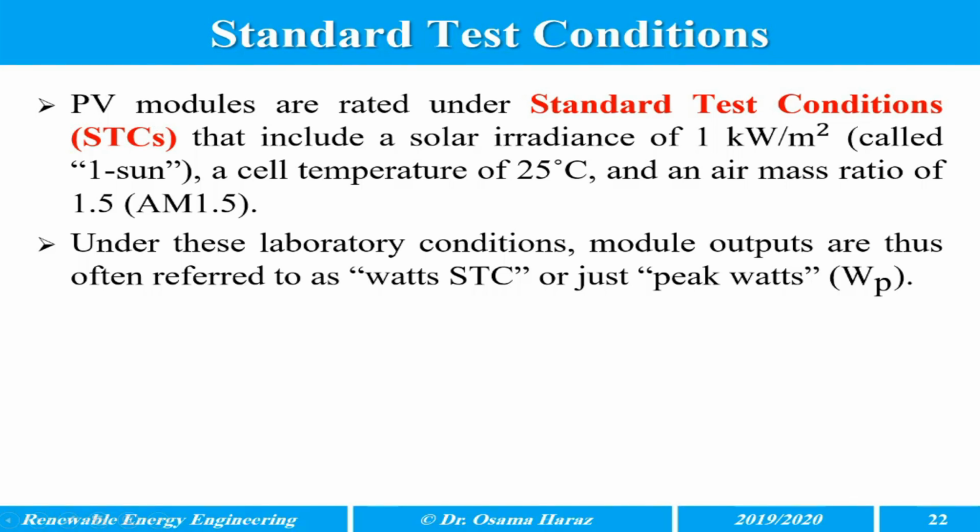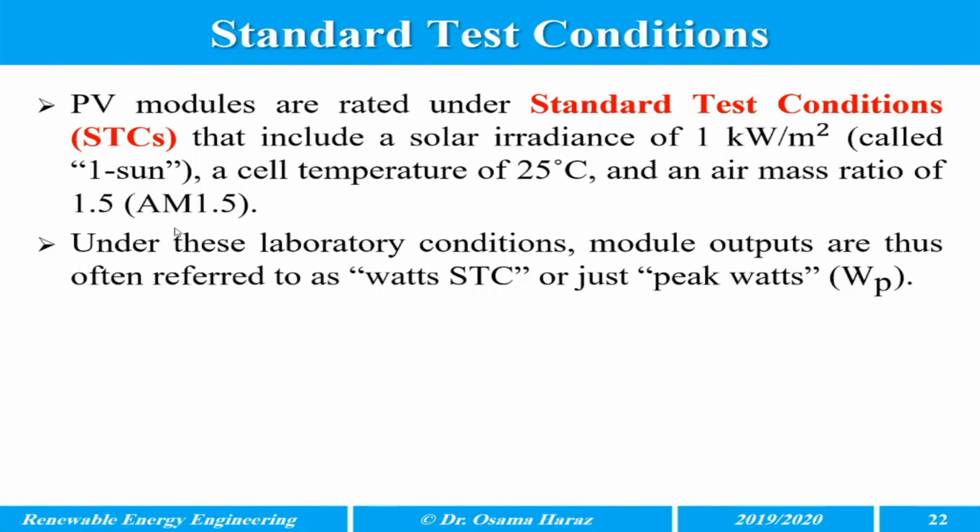PV modules are rated under standard test conditions, or STCs. This standard test condition includes a solar irradiance of 1 kilowatt per meter squared, or we call it 1 sun, a cell temperature of 25 degrees, we call it room temperature, and an air mass ratio of 1.5, we call it AM 1.5.